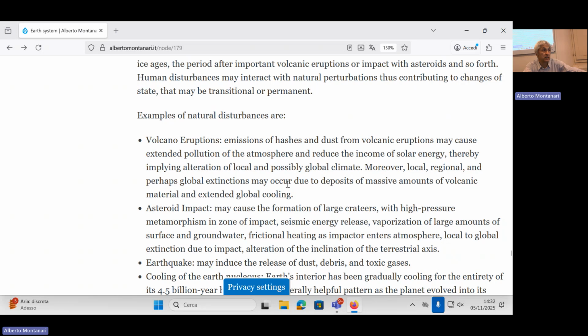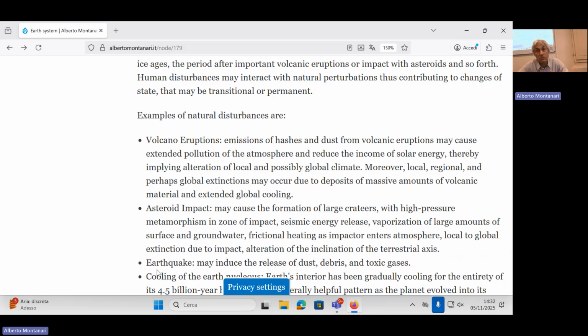These are interesting because it's a list of forcings that sometimes we neglect in the models, but actually some of these forcings may occur. Like for instance, an earthquake is a source of energy, because it is potential energy that is released in the form of kinetic energy.